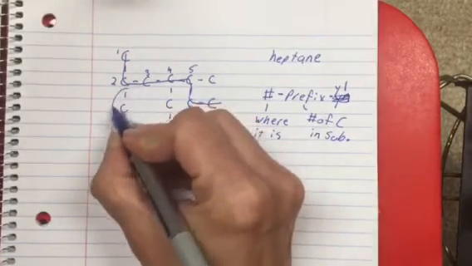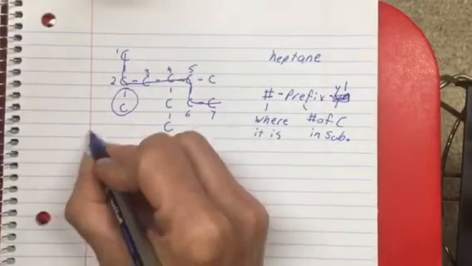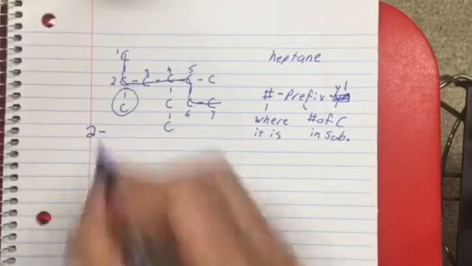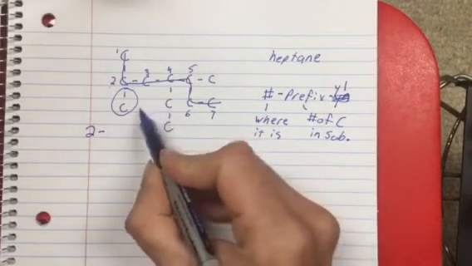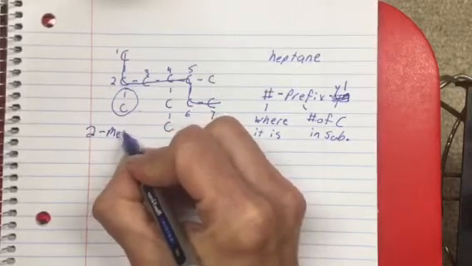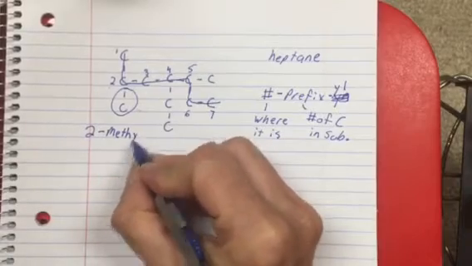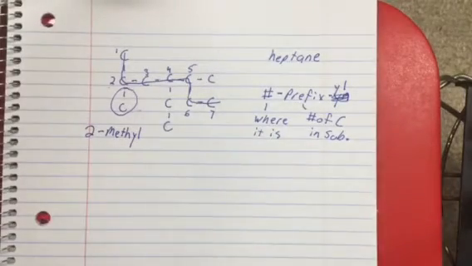So this right here, this substituent, it's on the second carbon, so we call it 2, okay? And there's 1 carbon in the substituent, so this is a meth, the prefix for 1 that we've been using, and then it'll end in a YL, okay?